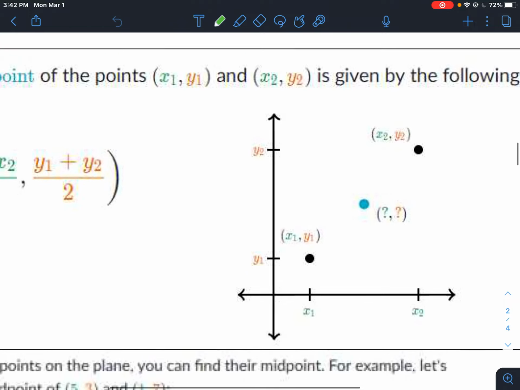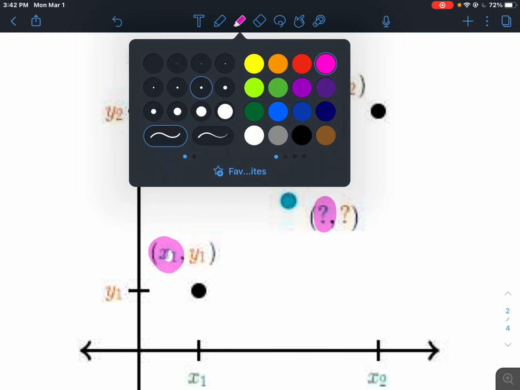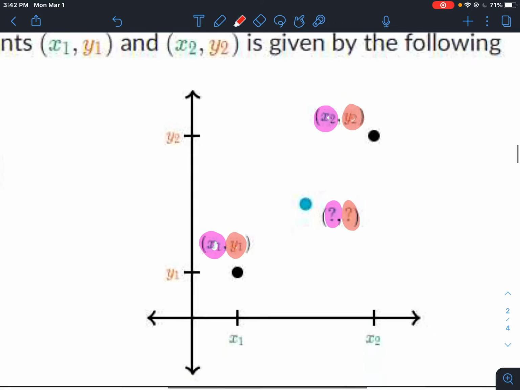We're taking the average or the halfway point between x1 and x2. When we add those together and divide by 2, it will give us this x coordinate. Then when we take y1 plus y2 and divide it in half the distance, we'll get our y coordinate.